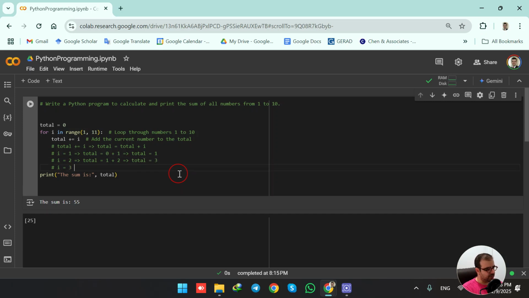We have I equals 3. Total equals 3 plus 3 equals 6. Okay, why 3 plus 3?